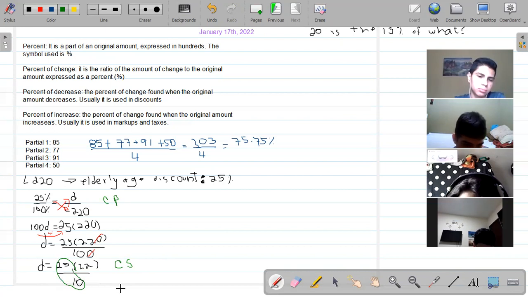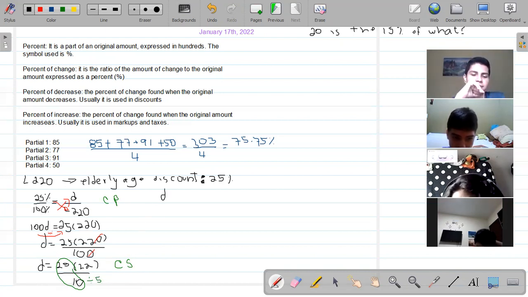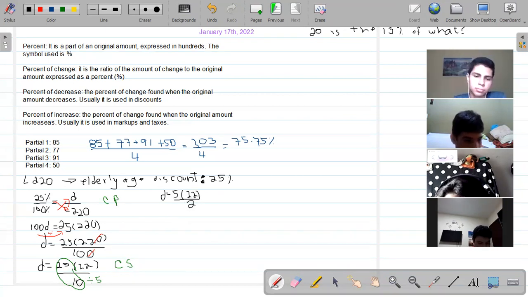By what number can I simplify 25 and 10? By 5. So I'm going to divide by 5. I'm going to say D is equal to 25 divided by 5 times the 22, and 10 divided by 5, that is 2.